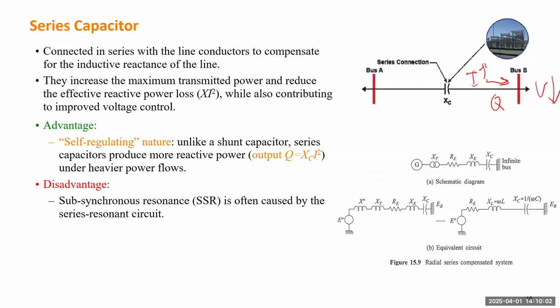But the disadvantage is that whenever you connect inductance with capacitance, that will generate a resonance circuit. The inductance will resonate with the capacitance. For instance, you have this inductive reactance connected to a capacitive reactance in series along the transmission path.